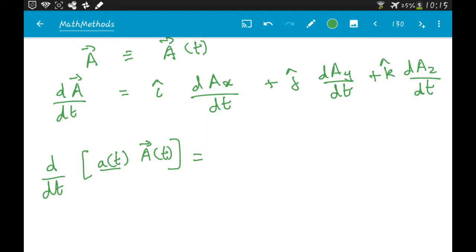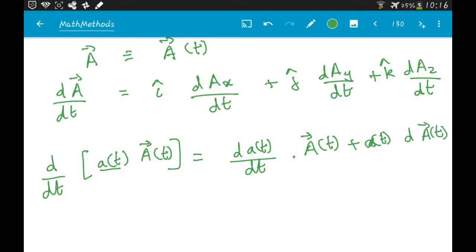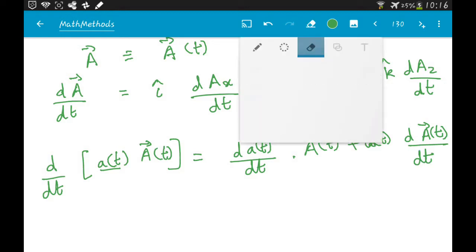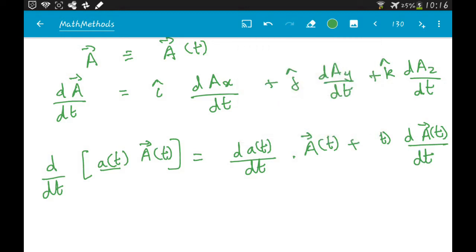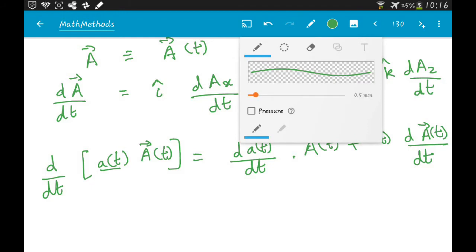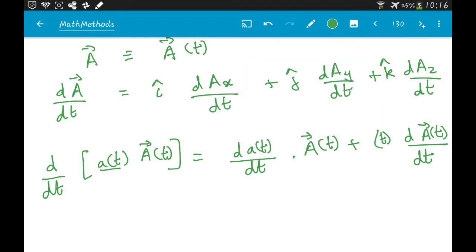So you have d a of t by dt into vector A plus a of t into dA vector by dt. Okay, this is how you will do it.